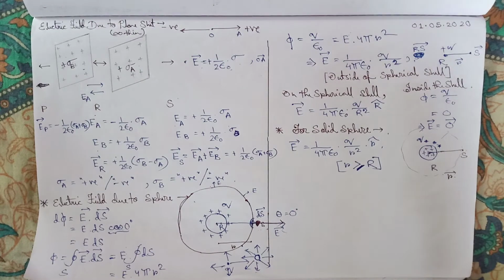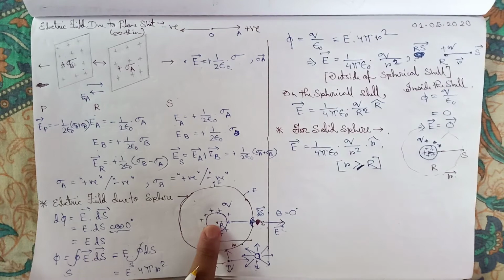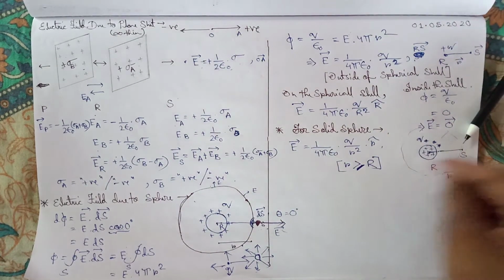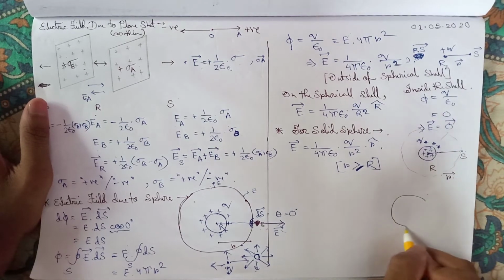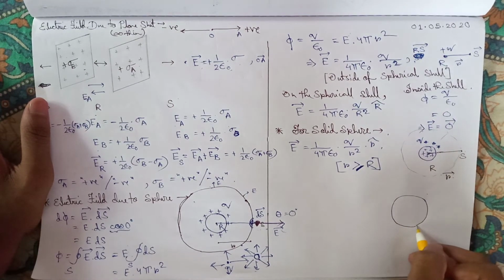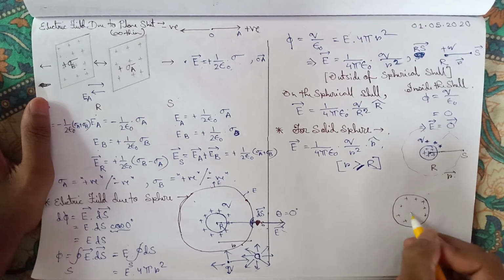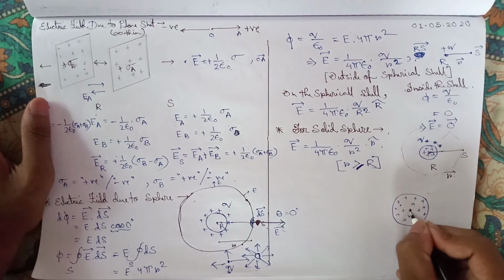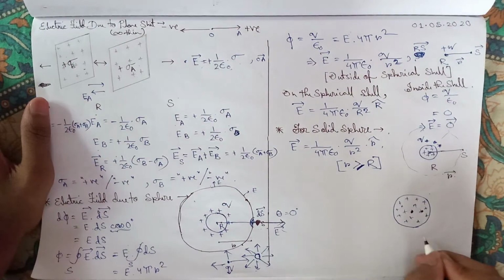Now what if the point is lying inside the sphere? If the point is lying inside the spherical shell, there is no charge. But in case of a conducting sphere, as the charge is uniformly distributed all over the region, suppose we have to find the electric field at this point, which is r distance away.